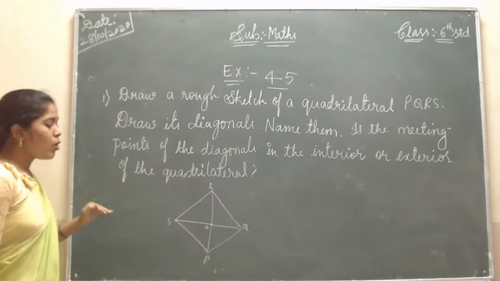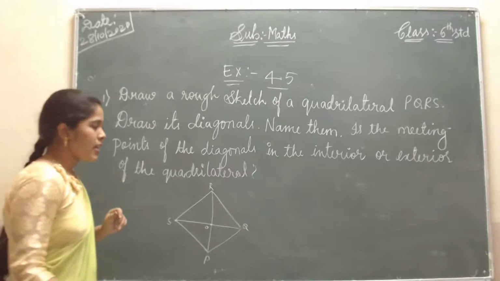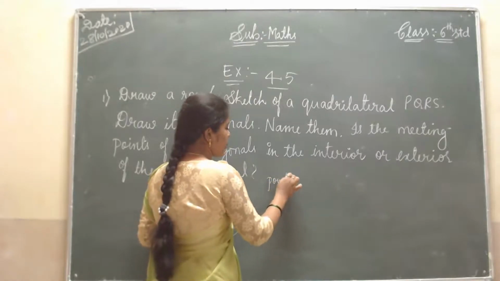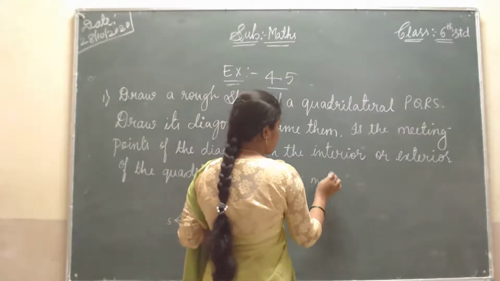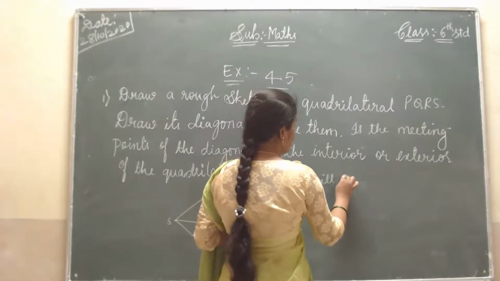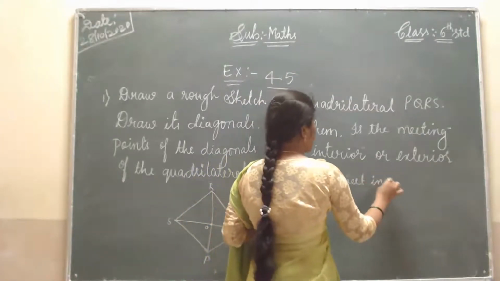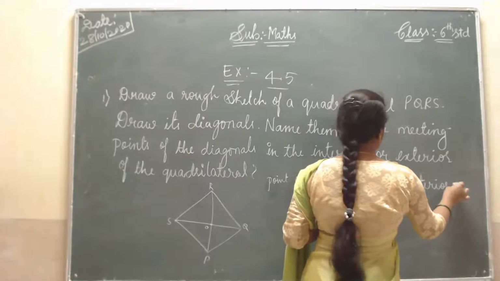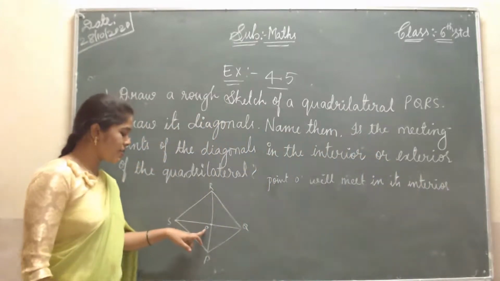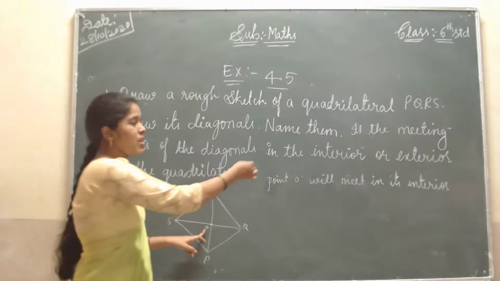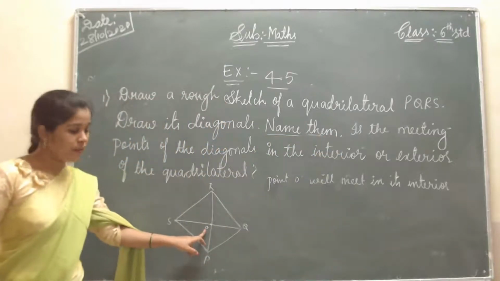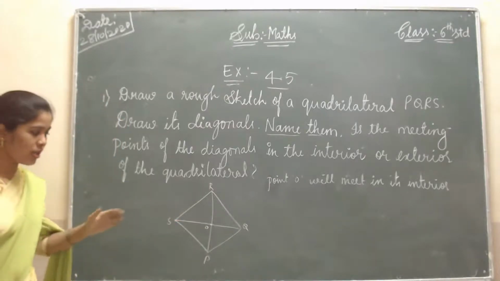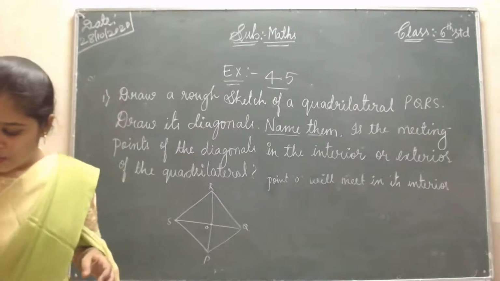So we have to write that point O, the diagonals' meeting point, is in its interior, not the exterior part. Okay, so this is the first question.